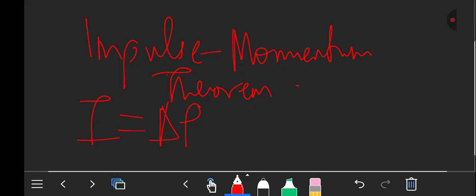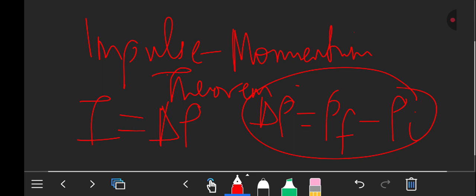But we know that change in momentum is equal to the final momentum minus the initial momentum. That is how you can find the change in momentum. So you can even say that impulse is equal to the final momentum minus the initial momentum.